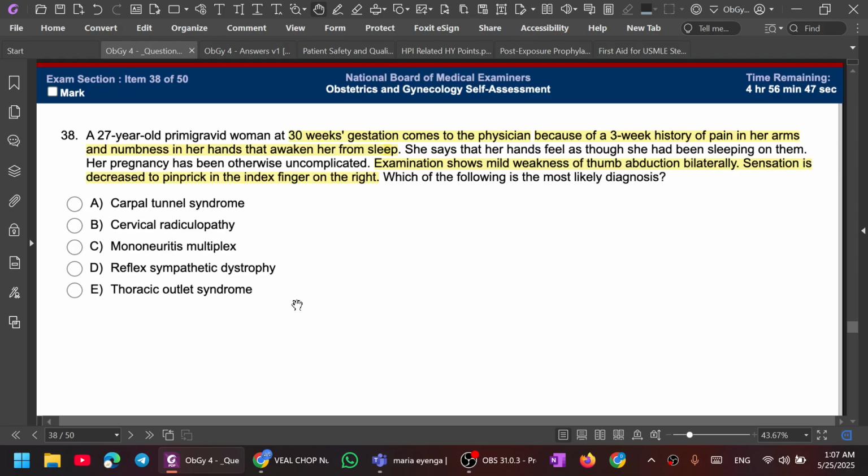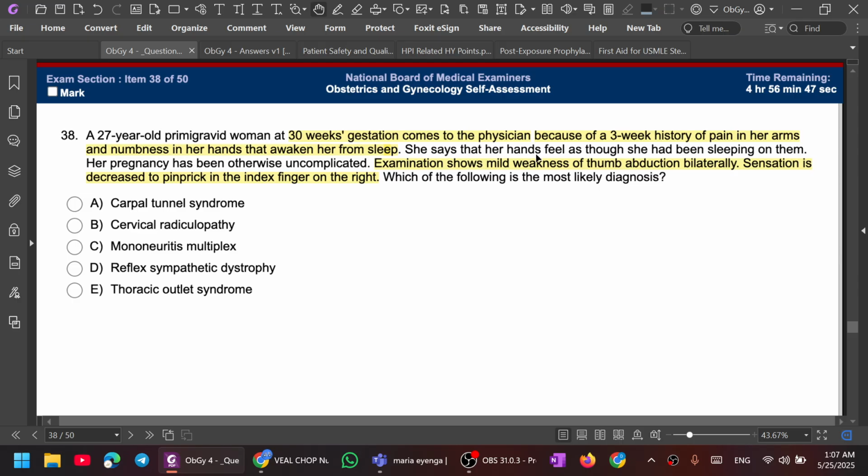I was reading the question. A 27-year-old primigravid woman at 30 weeks of gestation comes to the physician because of a 3-week history of pain in her arms and numbness in her hands that awaken her from sleep.